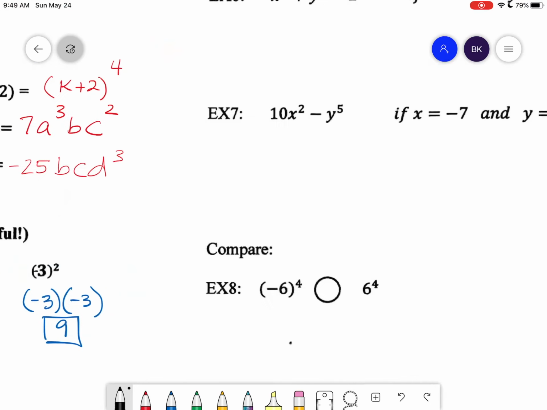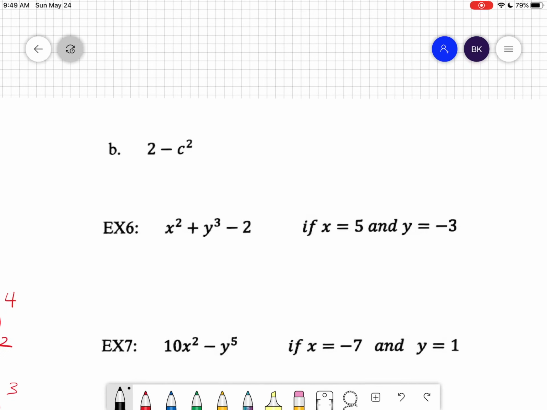Moving to example B on the other side. 2 minus C squared, 2 minus, and C is 3/4, so 3/4 squared. And notice 3/4 squared is simply 3/4 times itself twice, right? 3/4 times 3/4.